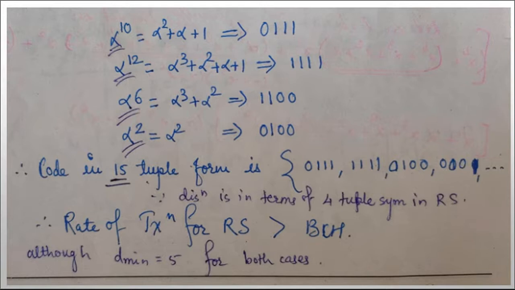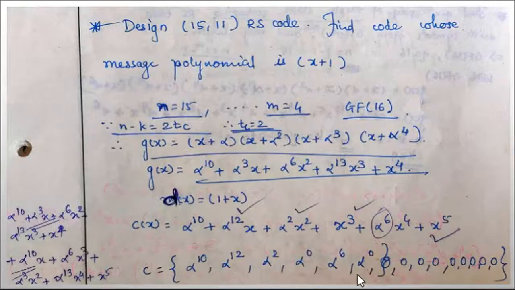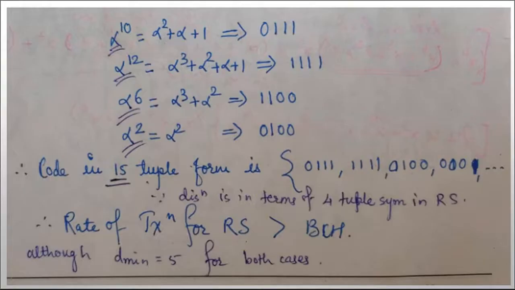So whatever we have seen over here in the earlier slide, alpha raised to 10 will be replaced by the number of bits, 4 bits, that is 0111. Alpha raised to 12 will be by 4 ones. So in this way it will be the code for the RS.